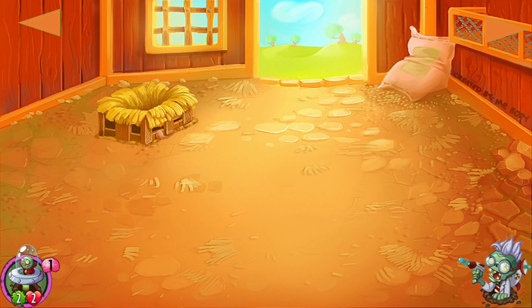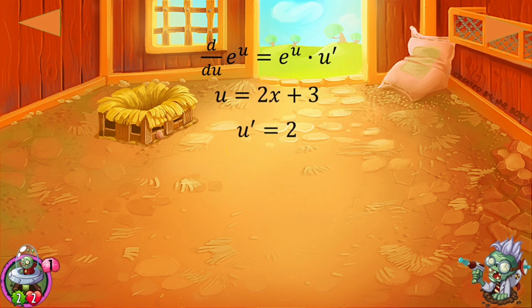Now let us see how we got the answer. In getting the derivative of that kind of equation, d over dx of e raised to the power of u is equal to e raised to the power of u times the derivative of u. So let's have our u as 2x plus 3, and the derivative of u is 2.